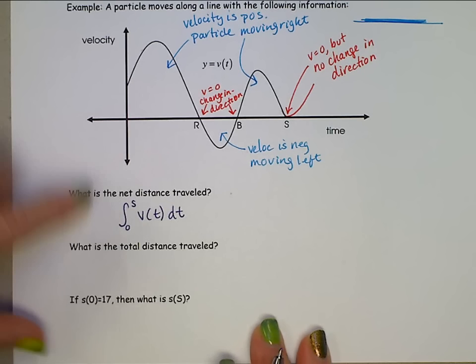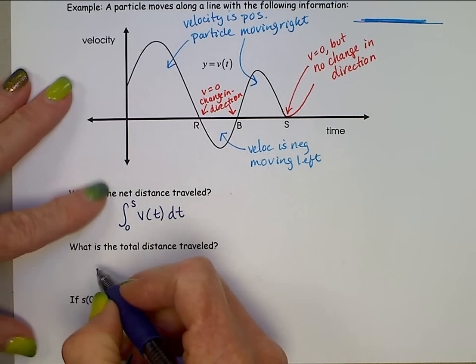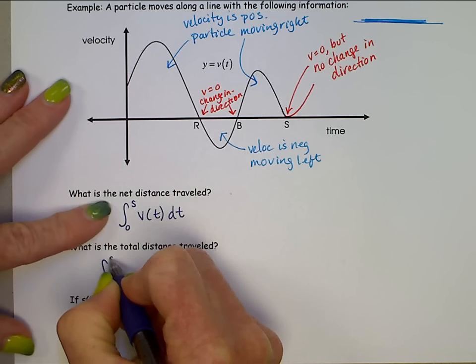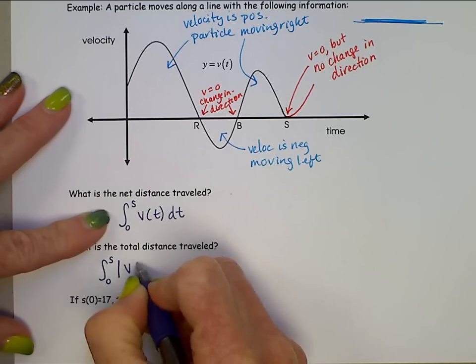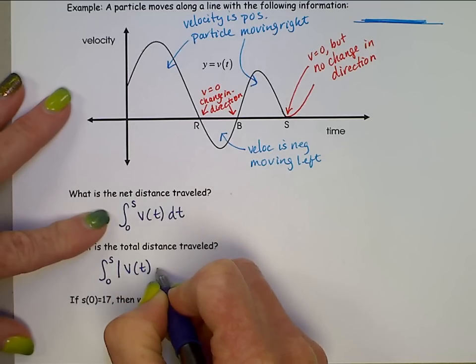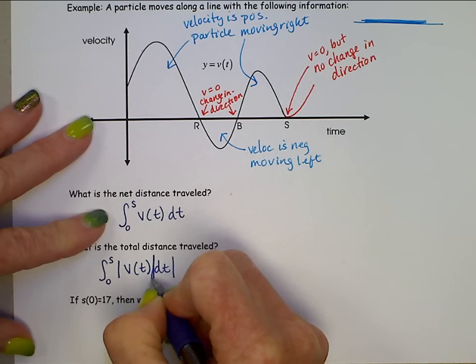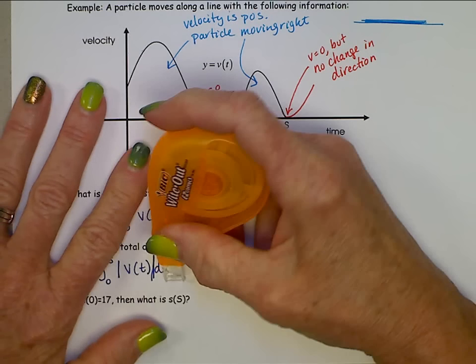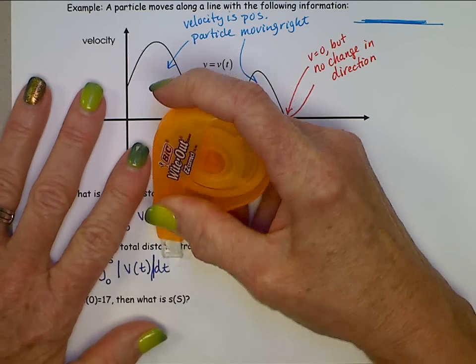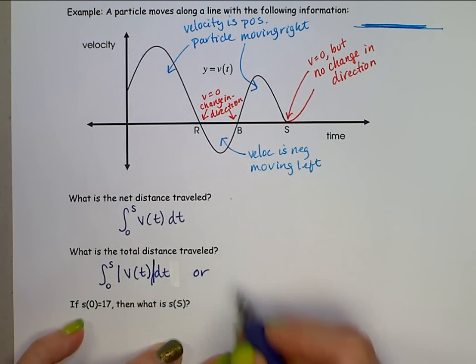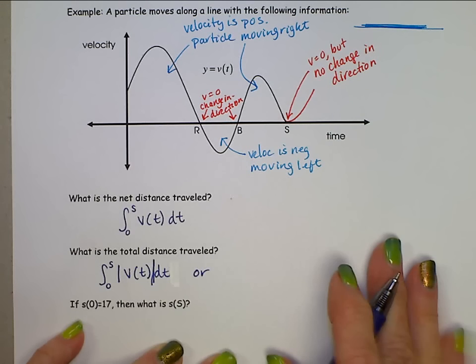The total distance traveled, there are two ways to express this. It could be the integral from 0 to s of the absolute value of v of t dt. Or we can separate that and look at the difference between positive and negative velocities.